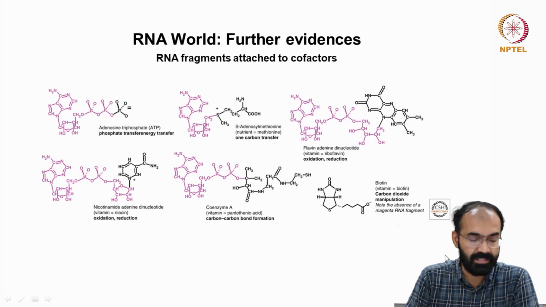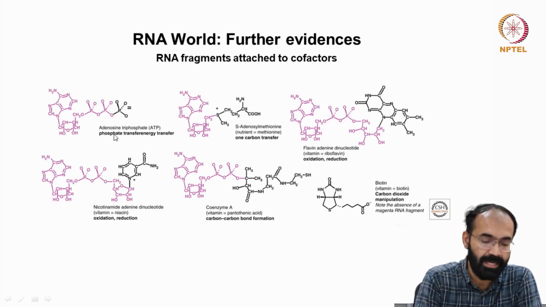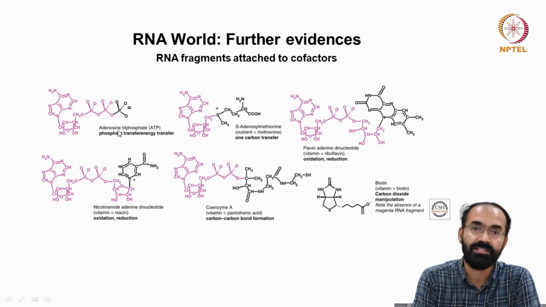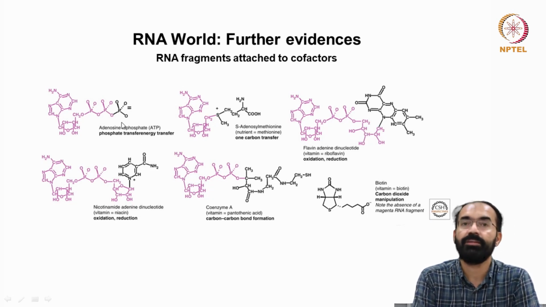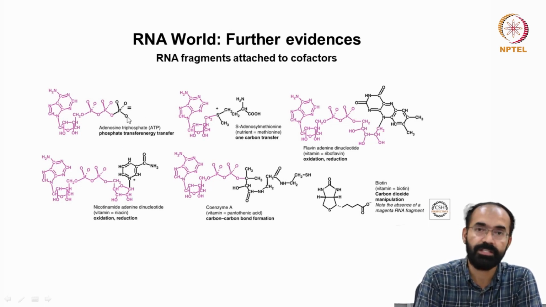And some of them are listed here. The classic example is ATP. All of you would have heard about ATP, that is adenosine triphosphate, which is the major source of energy for almost all biological reactions. And I'm not forgetting about GTP, because many signaling events rely on GTP, which is guanosine triphosphate.